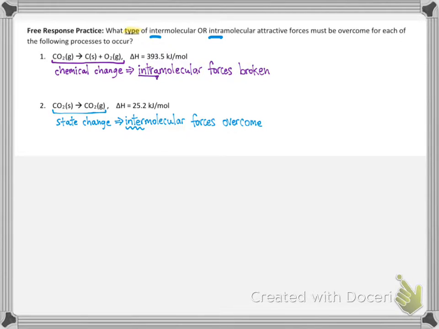But we also need to identify in this question, there's one last thing. They want to know what type of said force is being overcome. Well, for a chemical reaction, they're asking you what kind of bond you're breaking. And these ones in carbon dioxide, of course, would be covalent. For a carbon dioxide state change, well, it's nonpolar, so only LDFs are being overcome.